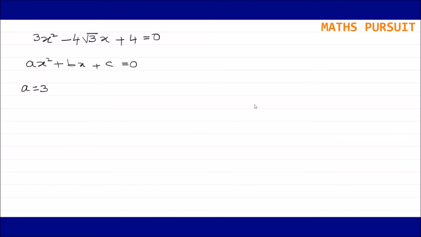If you compare this with 3x² − 4√3x + 4, you will see that a = 3, b = −4√3, and c, the constant, is 4. I hope till here we are pretty clear.